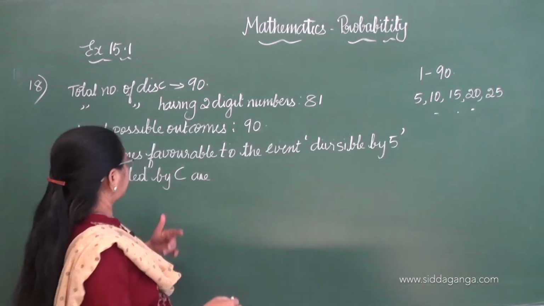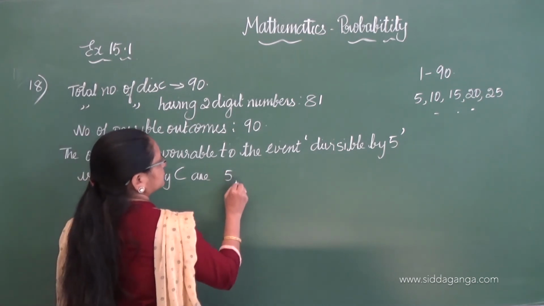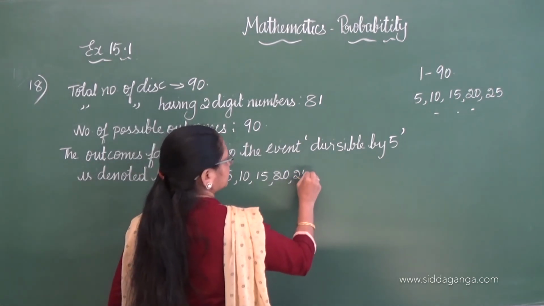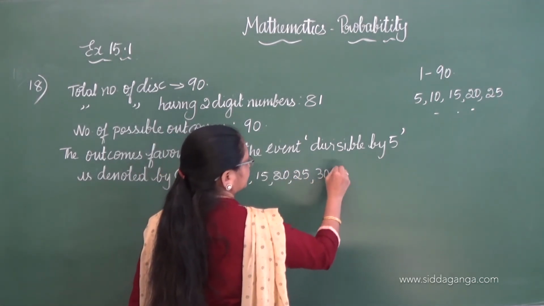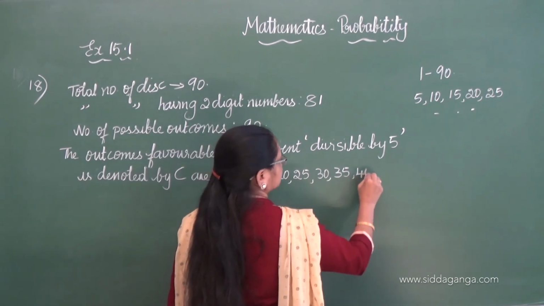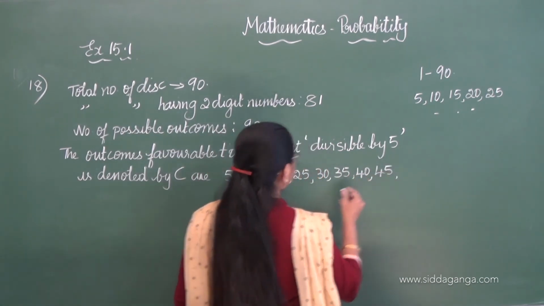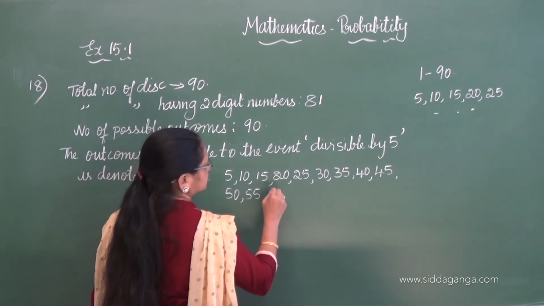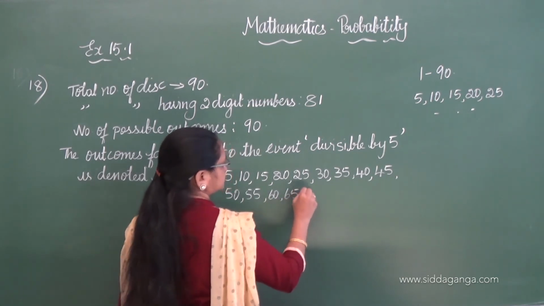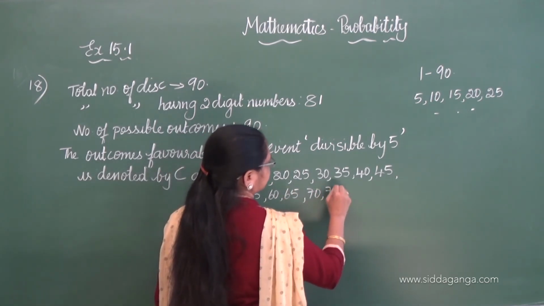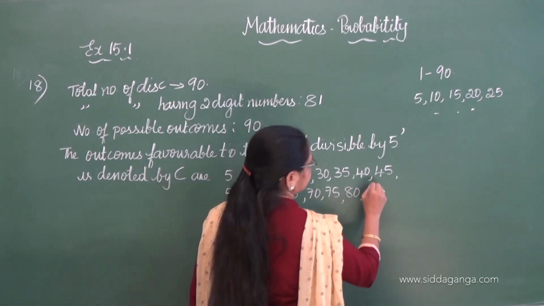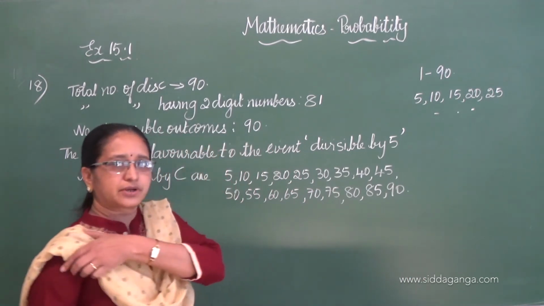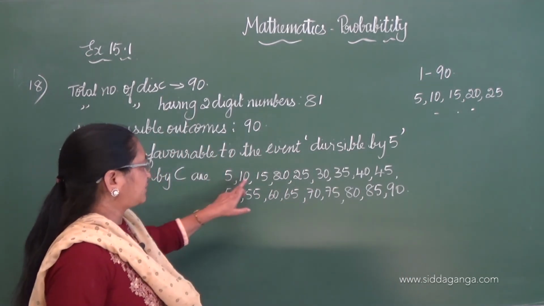So I am going to write here 5, 10, 15, 20, 25, 30, 35, 40, 45, 50, 55, 60, and 90 also. You should include 90 also, okay, because the cards are there up to 90. So 5, 10, 15 like that.